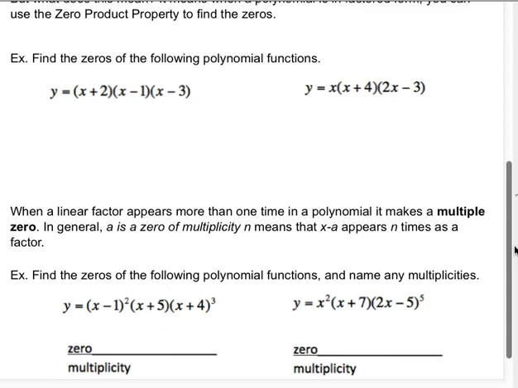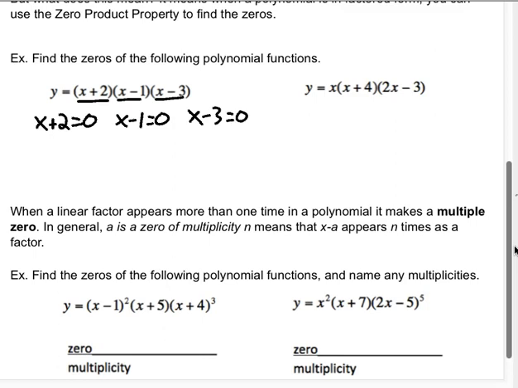So for example here, find the zeros of each polynomial function. All right, well, again, the zeros will be what would make this equal to 0, what would make this equal to 0, and what would make that equal to 0.